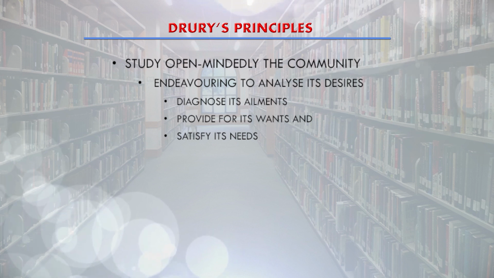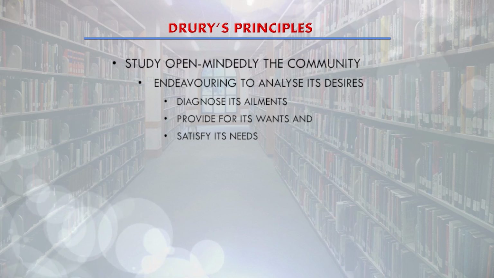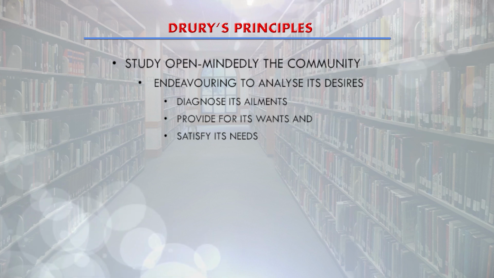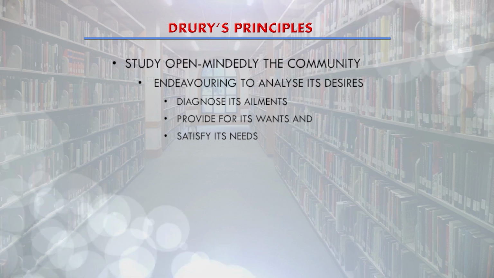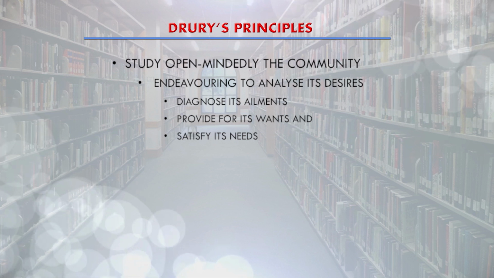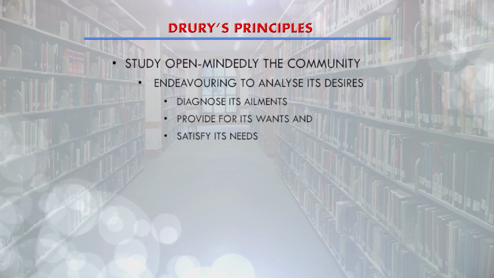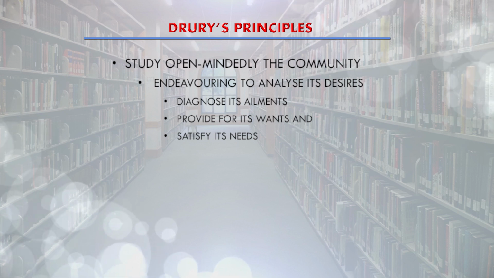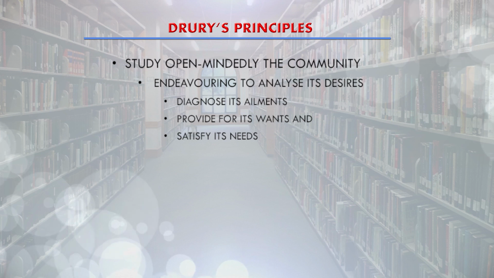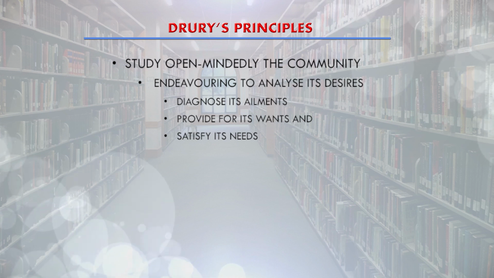You should know that and also analyze that. He goes further into it and he says diagnose the ailments of the society. Ailment means what is lacking in your institution, in your users, how can that be improved, how can it be made better. You should do that.